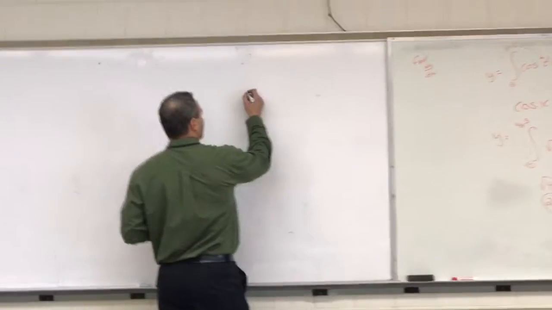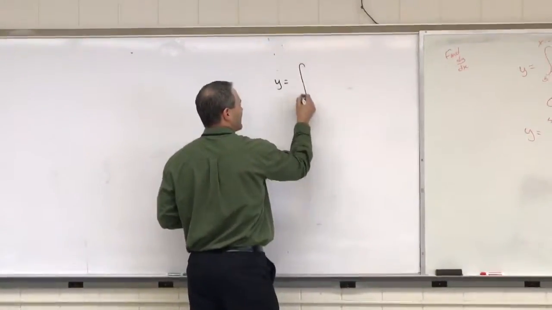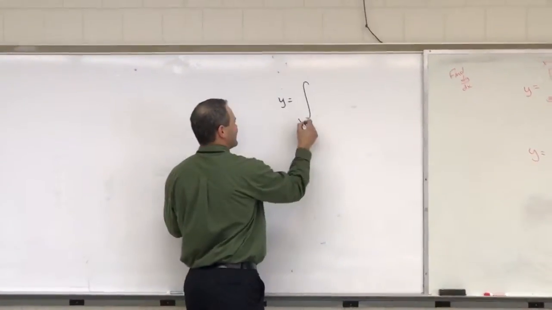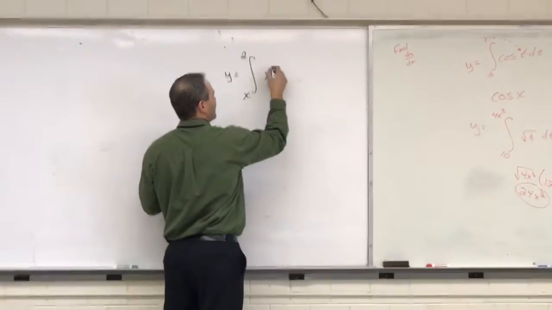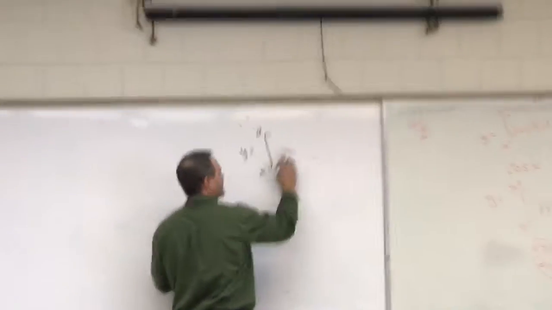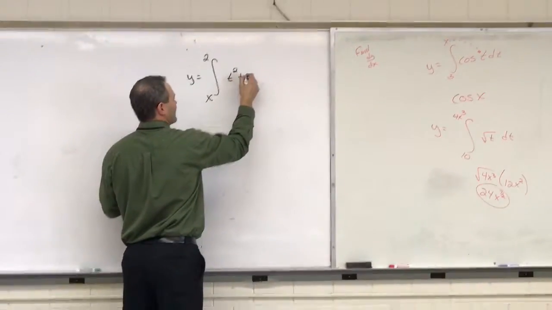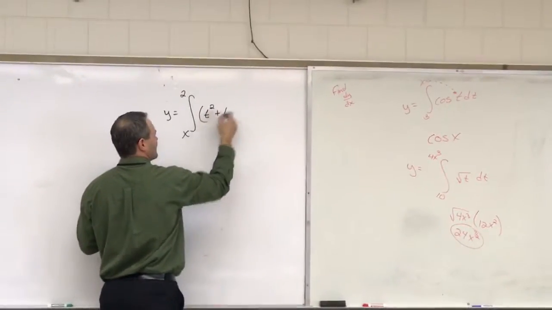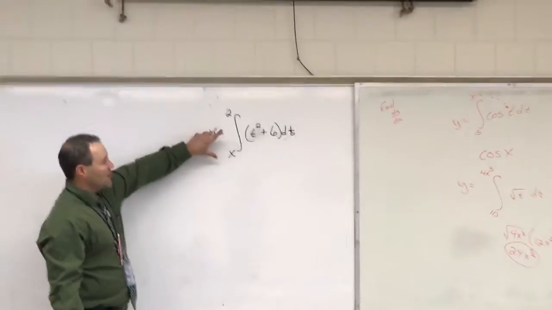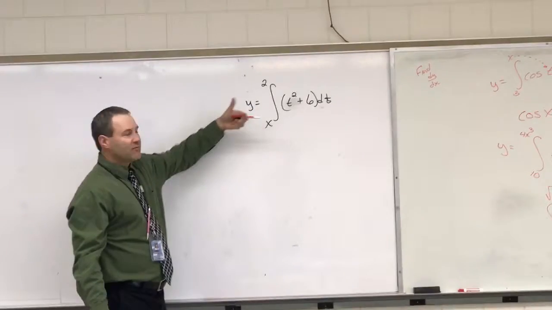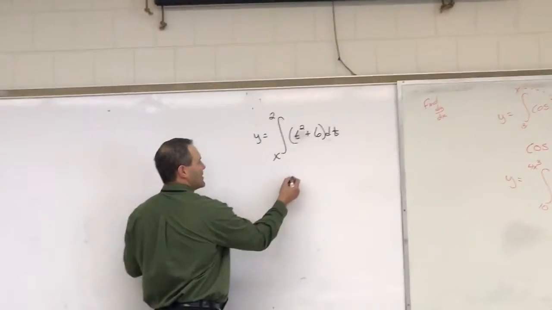So if the x is on the bottom, you would just flip it and make it negative. Alright, so x is on the bottom, we can flip it. That's one of our properties we learned yesterday.